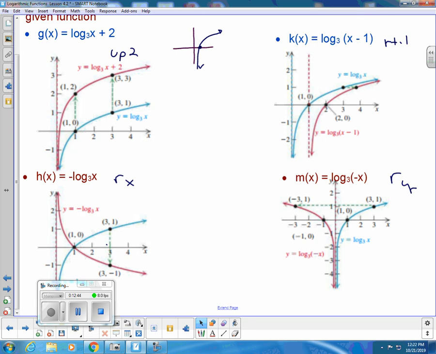Easy enough? The only one that changed our vertical asymptote is the horizontal shift. The asymptote shifts with it. The one on the top right there. Okay? All right. We are buzzing along, guys.